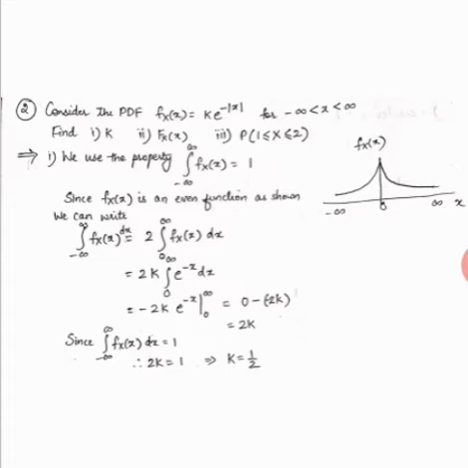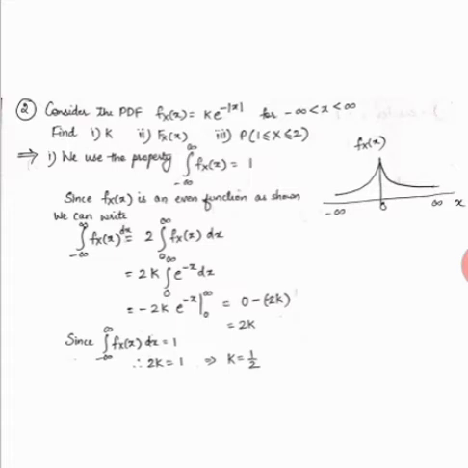Now in this particular case, the fx of x value is k e raised to minus x dx. For x greater than 0, it is e raised to minus x directly. Alright, so we solve the integral. The integral of e raised to minus x has a minus sign which will come out. So minus 2k e raised to minus x with the limits 0 to infinity.